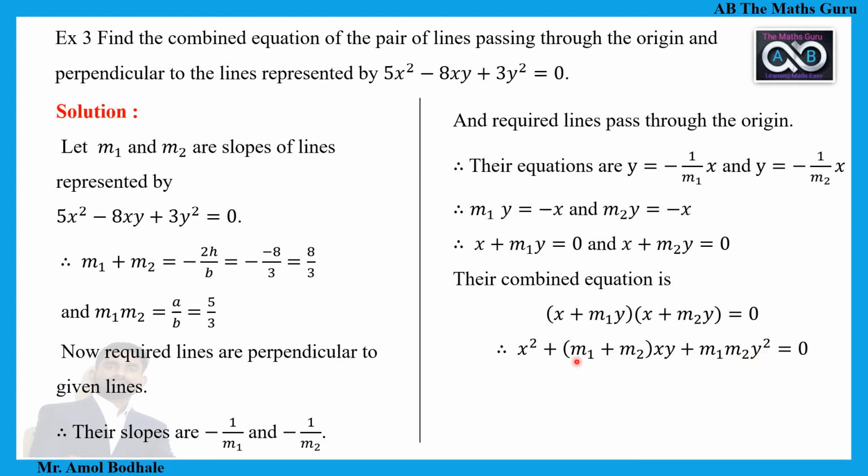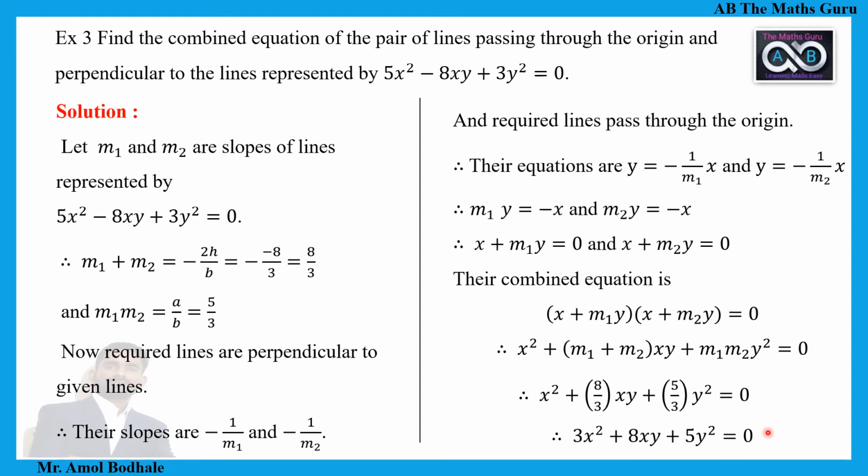Here we have the values of m1 plus m2 and m1 into m2, which we have already found. We have to use those here. So we get x square plus 8 upon 3 into xy plus 5 upon 3 y square equal to 0. If we multiply by 3, we get 3x square plus 8xy plus 5y square equal to 0.